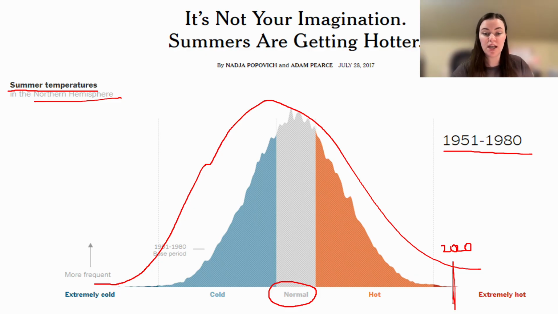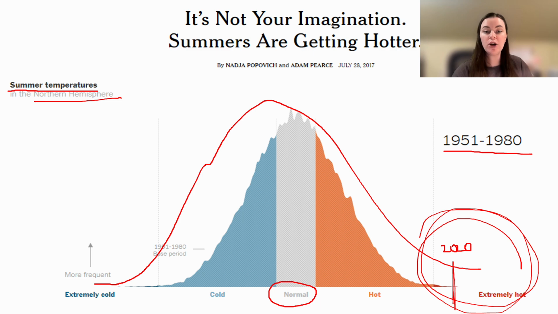You can also evaluate that individual data point through something like a z-score, which we'll be getting to soon. But after plotting these out, let's say we had a number of years as of late in which all of our summer temperatures were being recorded in this extremely hot area here. Using the normal curve, they can see what the probability is that we are way beyond what is considered normal.